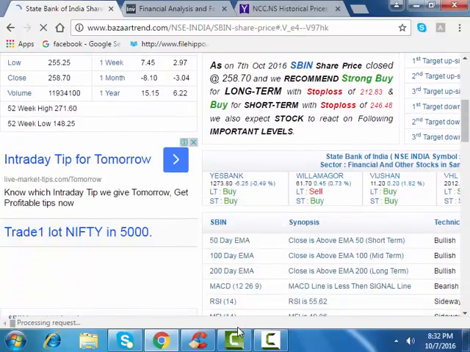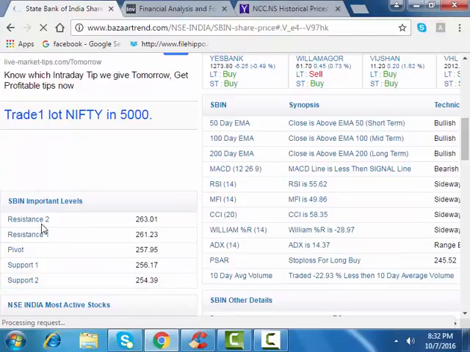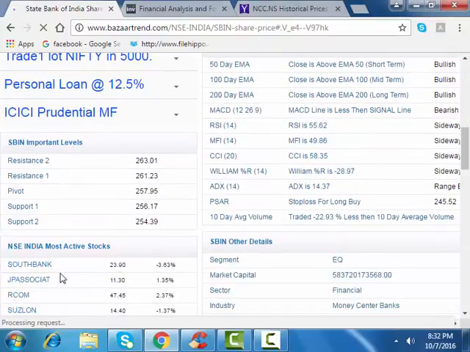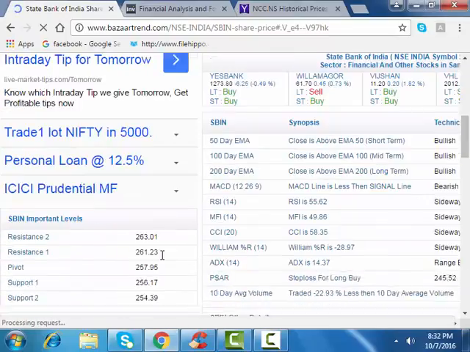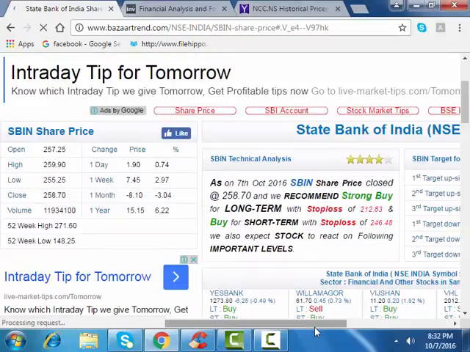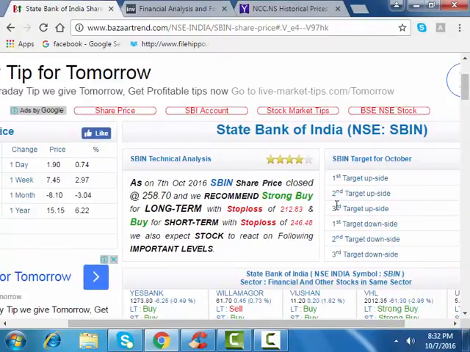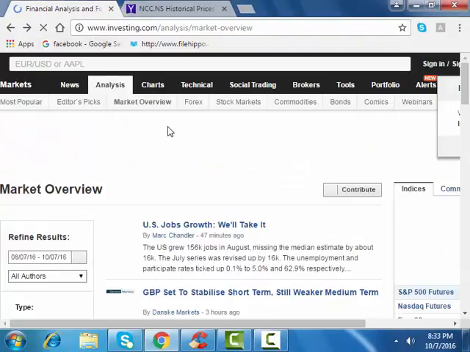So we are searching here State Bank of India trend. So supports and resistance are there. You can see the targets: 3 targets for upside and 3 targets for downside, and they are recommending that it is a strong buy. And open the next site.